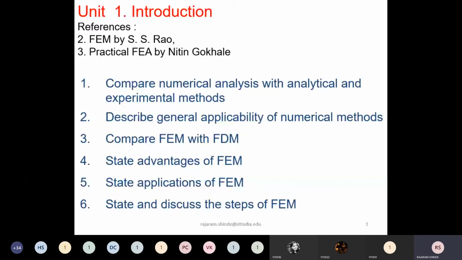Therefore, here I will give only a statement of the steps, and actual application of these steps we will discuss in the next lecture. Now this is the content of today's lecture. I have written this content in the form of questions, so you can get the idea of the questions also.